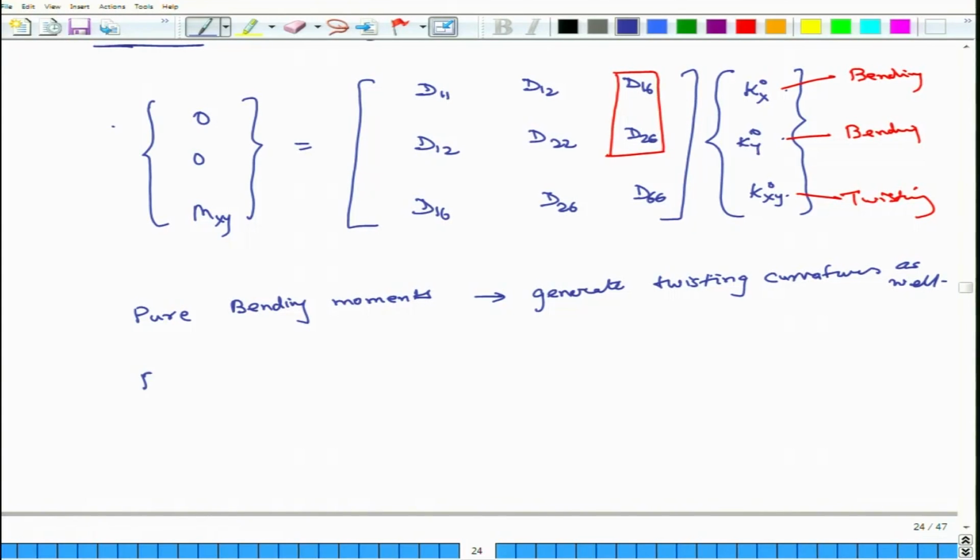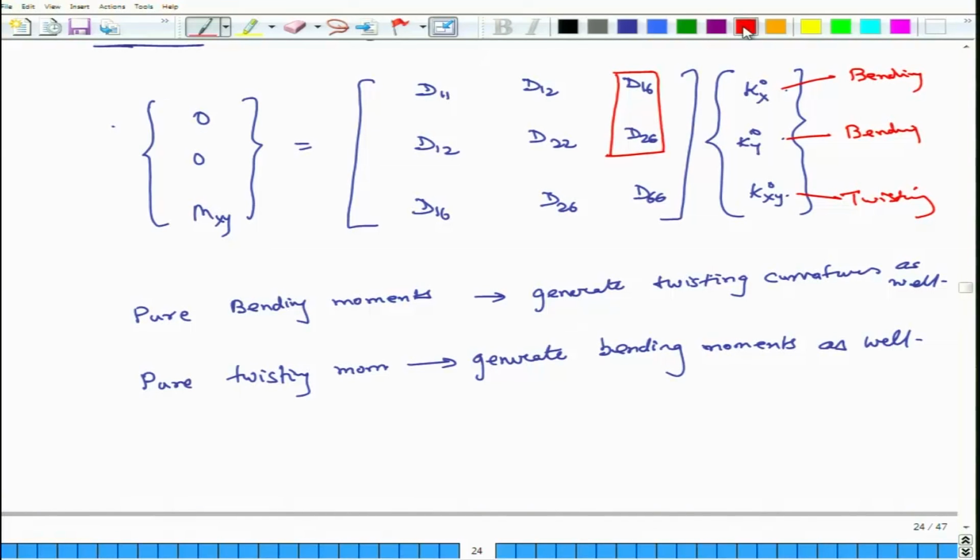Pure twisting moments generate bending curvatures as well. This happens when D16 or D26 is not 0.